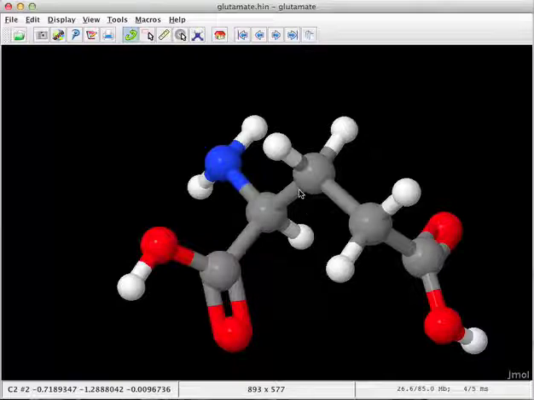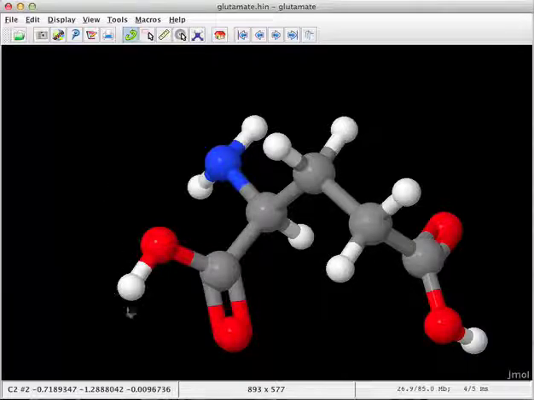With this carbon here, the next highest atomic number atom is another carbon. With this one, the atom bonded to it with the highest atomic number is an oxygen. Oxygen has an atomic number of 8, obviously higher than carbon, which is 6.